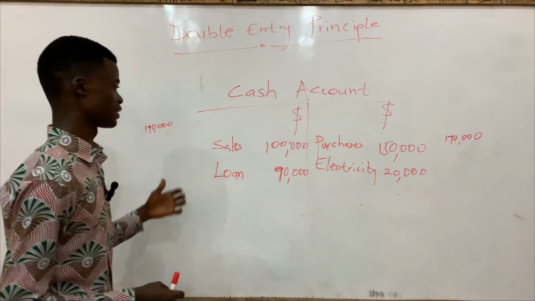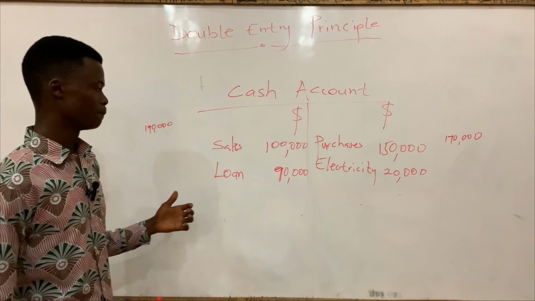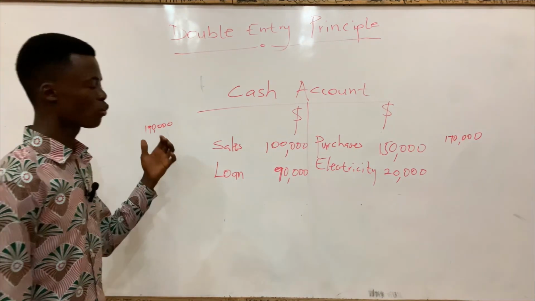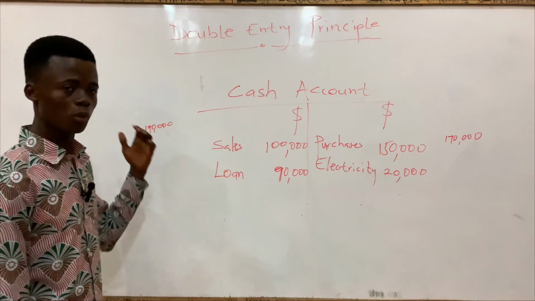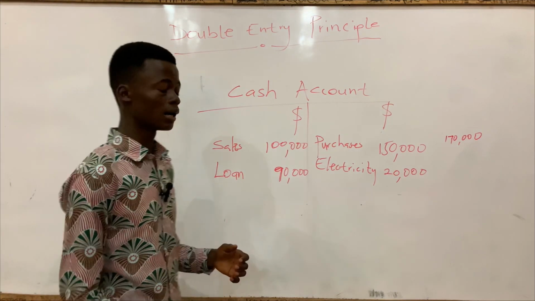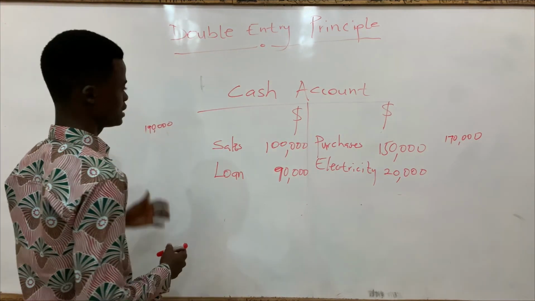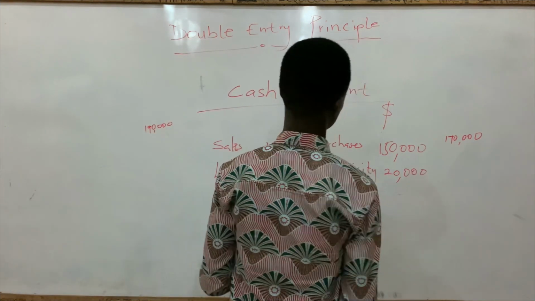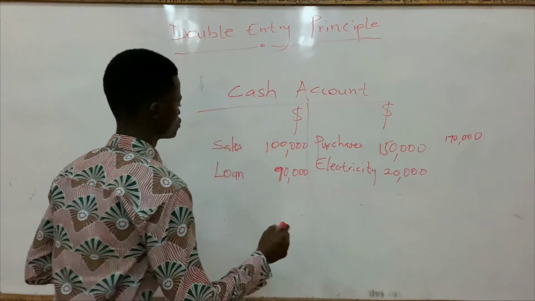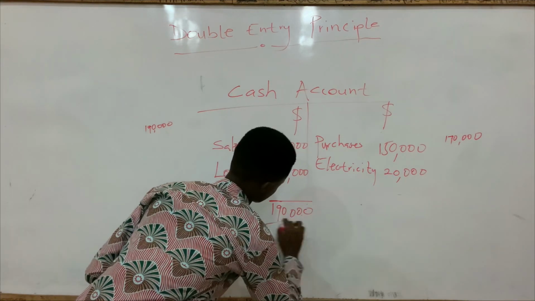After ascertaining the total debit entries and the credit entries, you find which total is greater. After finding that, you close off both sides with the greater total. So we will close off both the debit and the credit side with $190,000, because $190,000 is greater than $170,000.